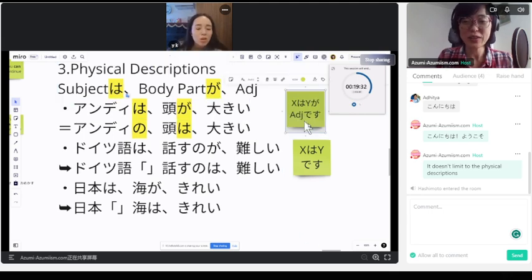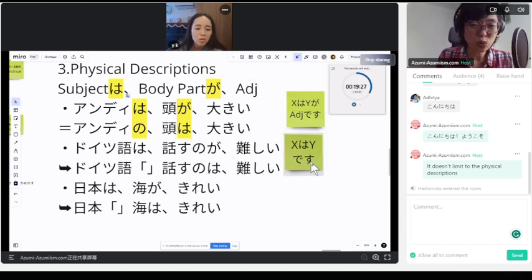Yes, this is a peculiar grammar pattern. But we can replace it with another grammar pattern.